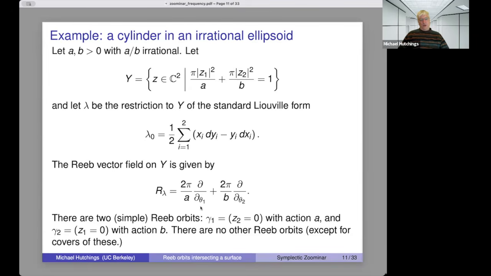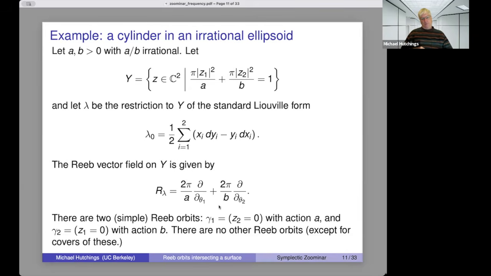So here theta 1 denotes the argument of z1, and theta 2 denotes the argument of z2. So the Reeb vector field rotates the argument theta 1 of z1 at speed 2 pi over a, then rotates the argument theta 2 of z2 at speed 2 pi over b.